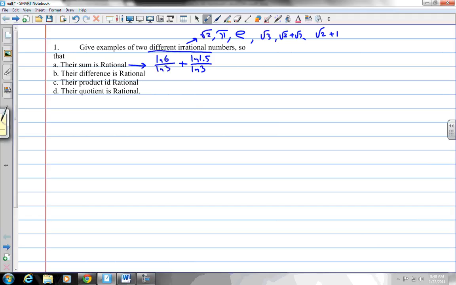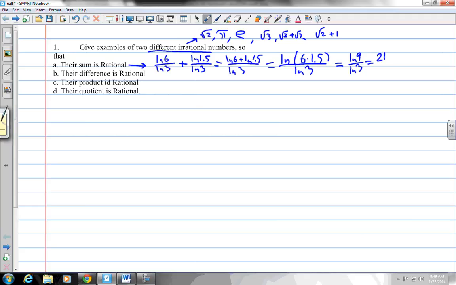Because if you do the math, you get ln of 3 here, so it's ln of 6 plus ln of 1.5, right? So you can use 6 times 1.5, by the properties of logs. And what is 6 times 1.5? 9, so this is ln of 9 over ln of 3, right?